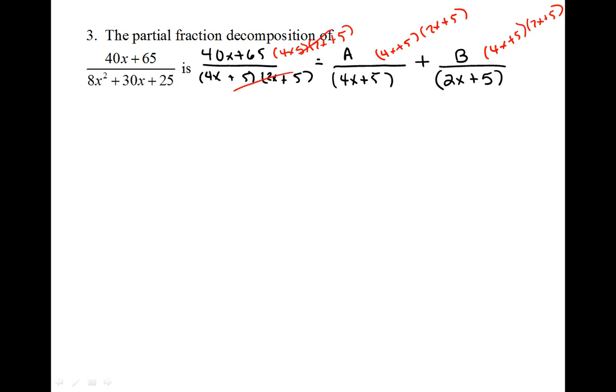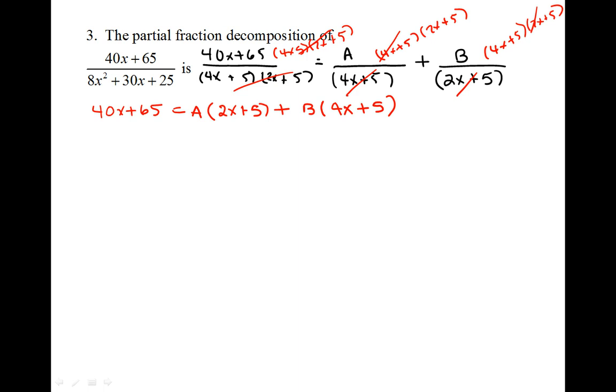So this cancels and you're left with 40x plus 65 equals, 4x plus 5 cancels, and you have A times 2x plus 5, plus B times 4x plus 5. And this one is similar to the one that we just did.